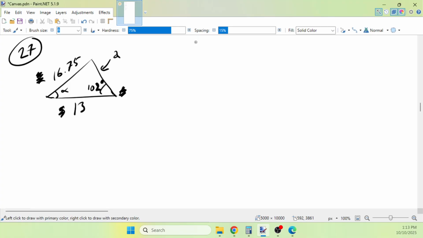Okay, so we're going to use the law of sines. We know beta, and we have angle C, gamma. Let's try and find sine of gamma over 13 equals sine of 102 degrees over 5. Oh, this can't be ambiguous because this angle is over 90.